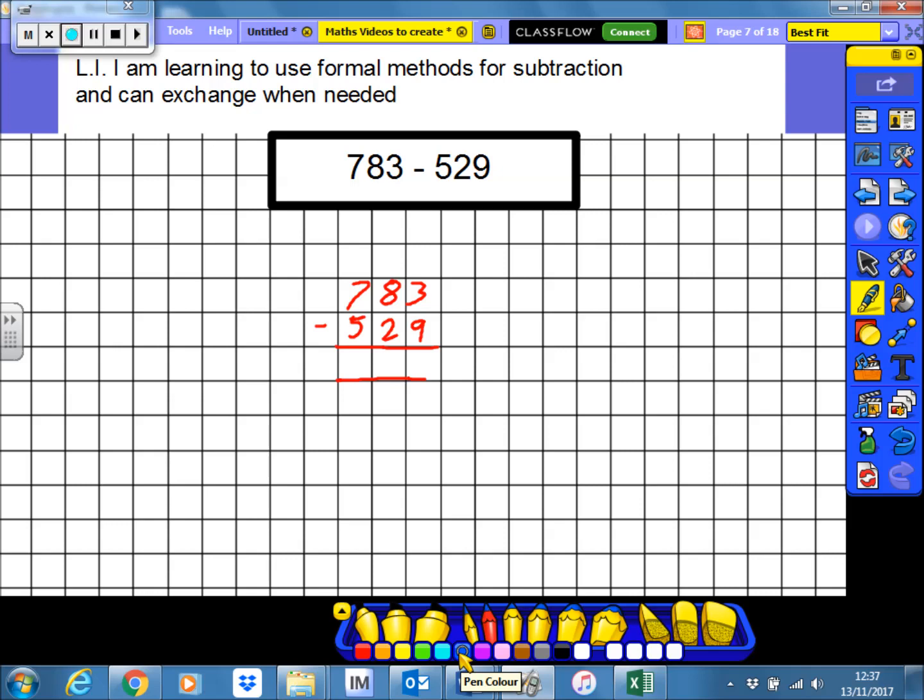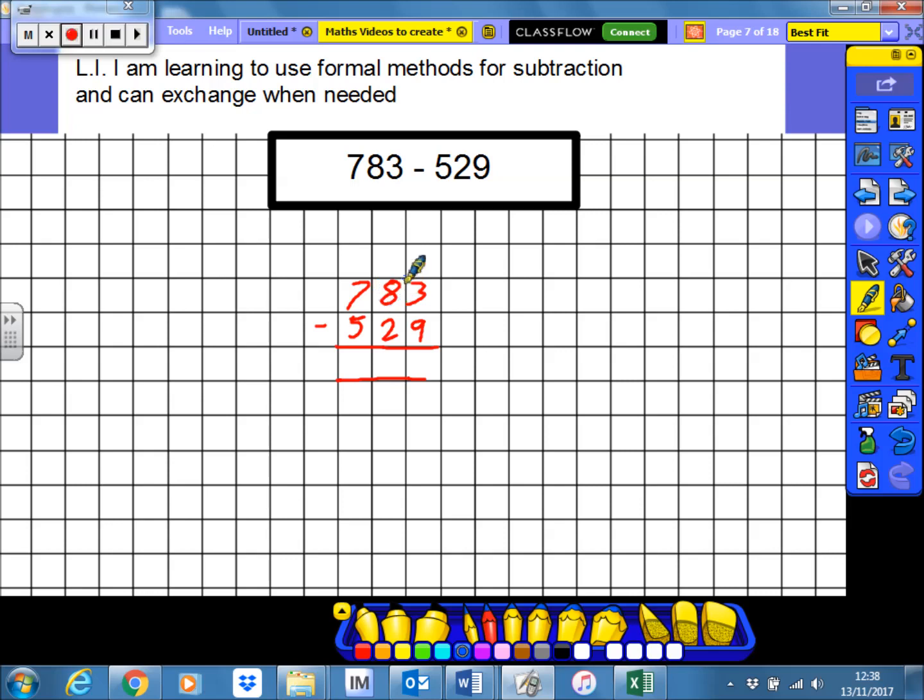The first sum is 3 take away 9. Now the answer is not 6. A lot of people look at this and they think, oh, 9 take away 3, that's 6. But we're not being asked 9 take away 3, we're being asked 3 take away 9. And we can't do that. That cannot be done, or at least at this stage, it can't be done.